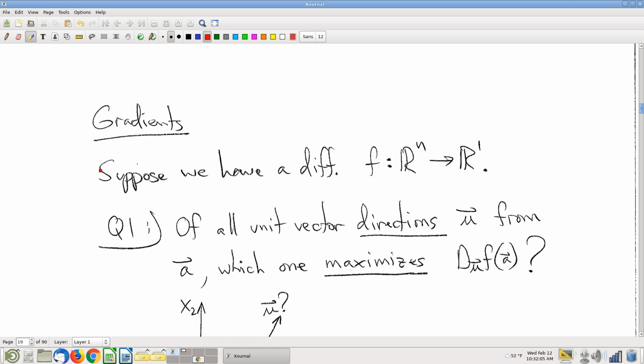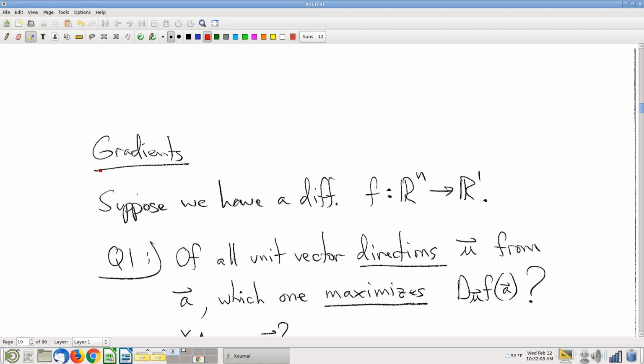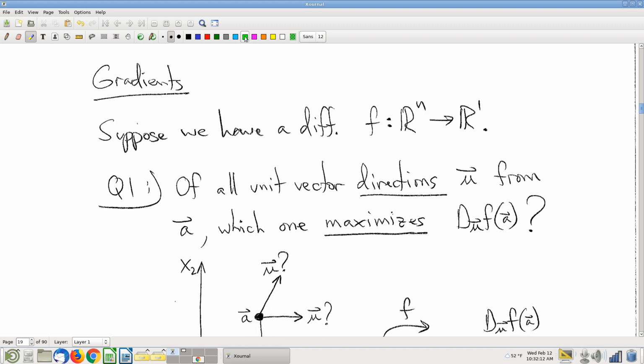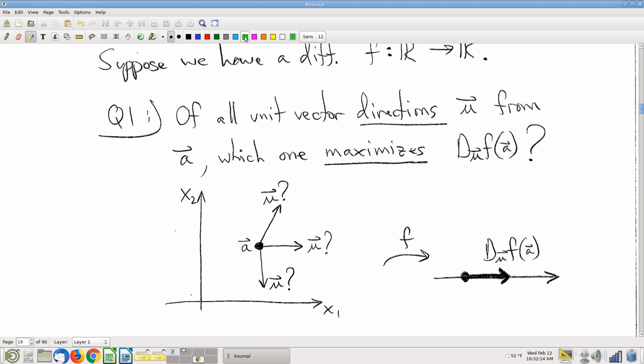The first one of these comes about by asking this, I think, very reasonable question, which is, suppose you have a scenario like this where you have a function from R2 to R1, for no particular reason. And I am at a certain point here in the domain, and thus my output value has a certain point in the target.